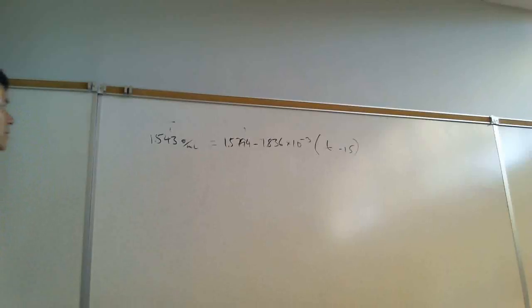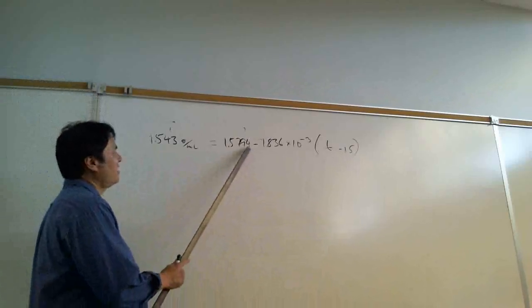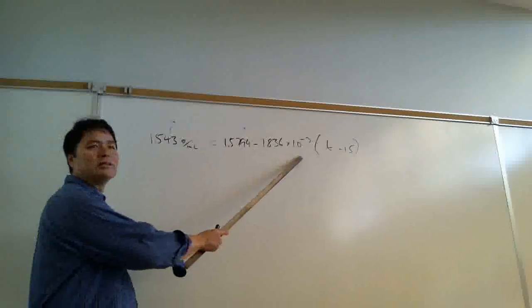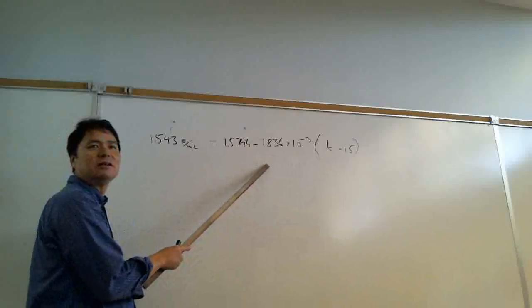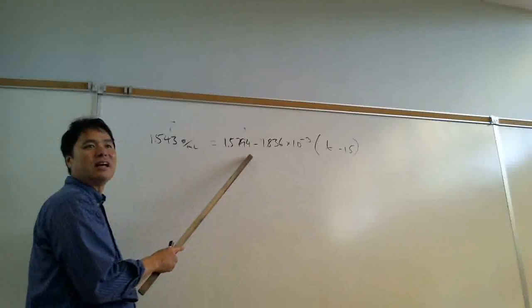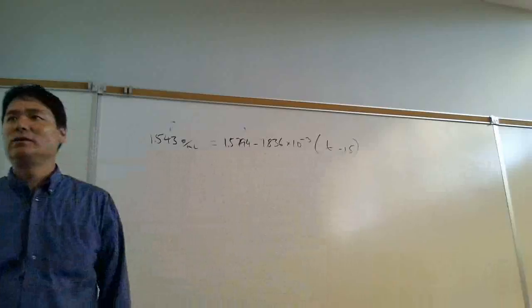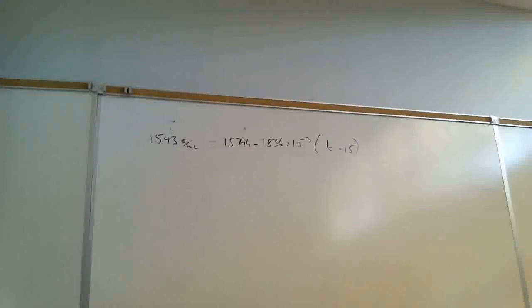For our chemists, we don't like this. For example, here, where are the units? Do you see any units here? I don't like this equation at all because there are no units. It doesn't make sense. But we'll treat this as an engineering equation and just try to use it.